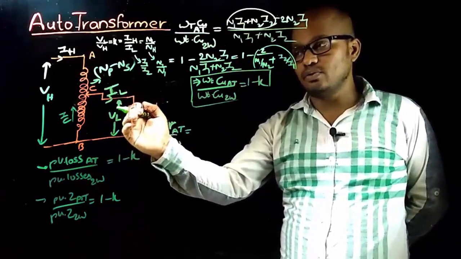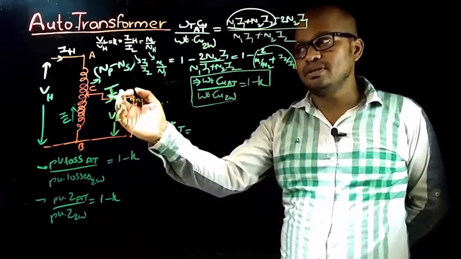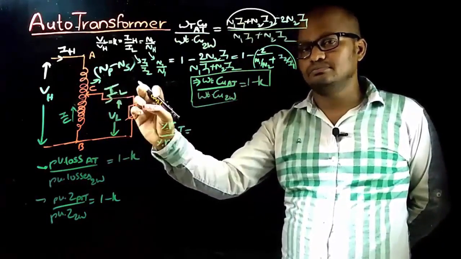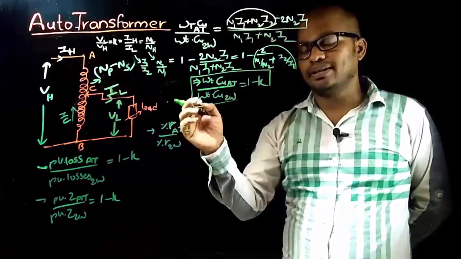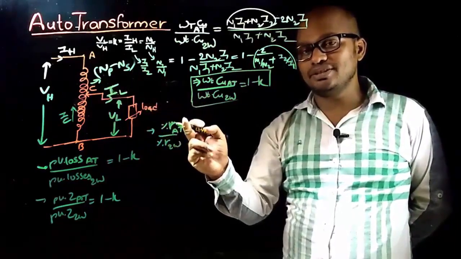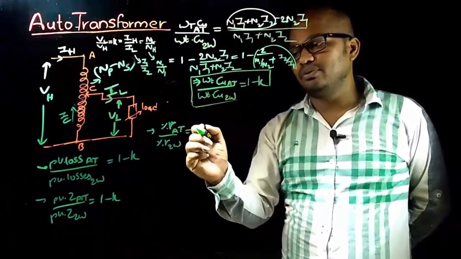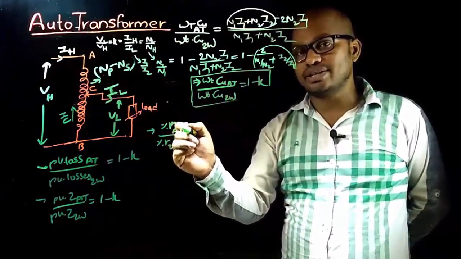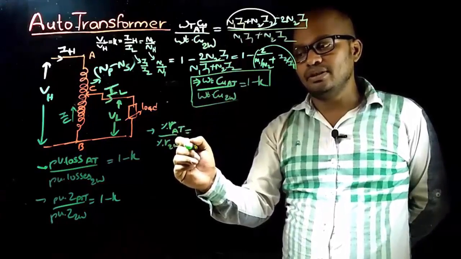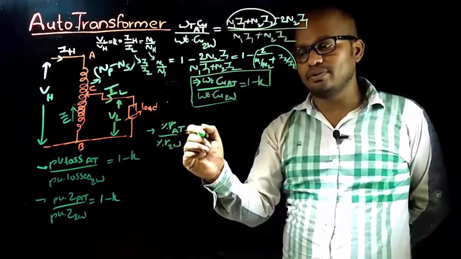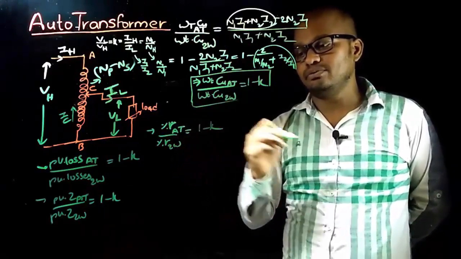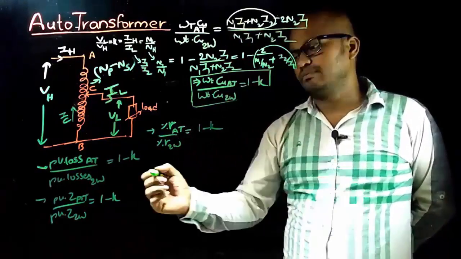If leakage flux is low, leakage reactance is low, which means leakage reactance drop is low, so voltage drop is low. And if voltage drop is low, regulation is low. That is what we require. Therefore, percentage regulation of autotransformer is less when compared with percentage regulation of two winding transformer, and that we can equate to 1 minus K.